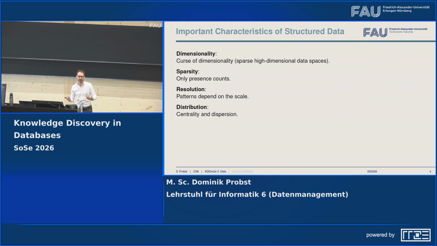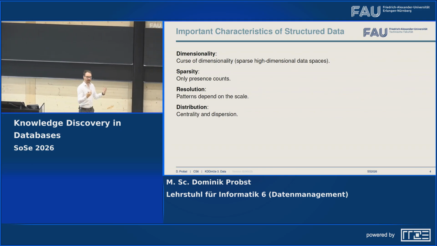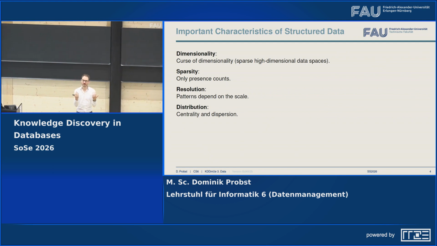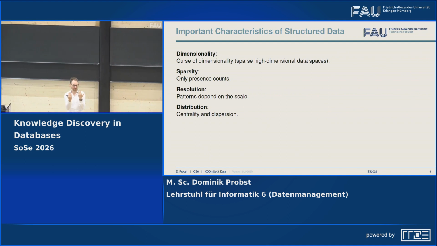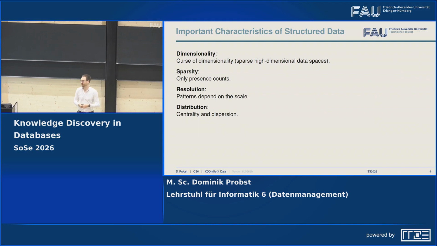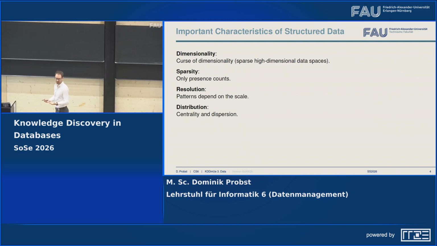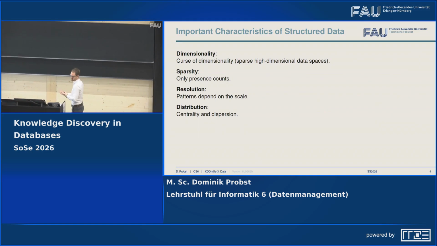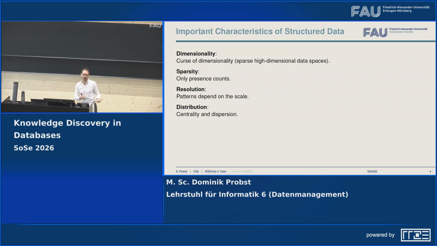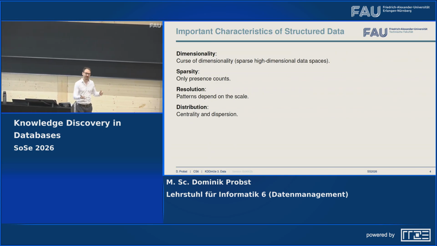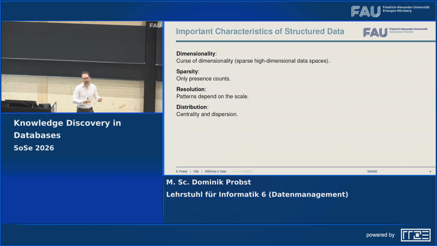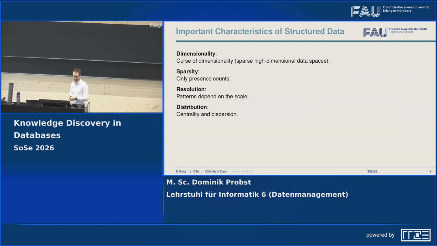So if we have very high dimensional data, at least with less information per dimension, that's bad for us. We have to pre-process these data sets to avoid this curse of dimensionality. That's something we will do next week with, for example, PCA, the principal component analysis.